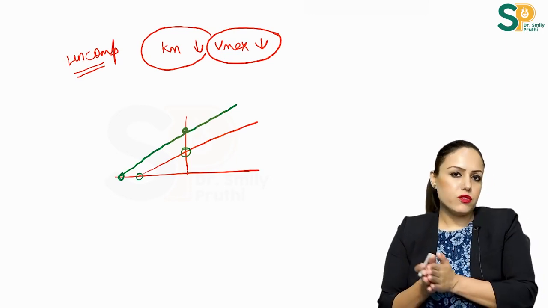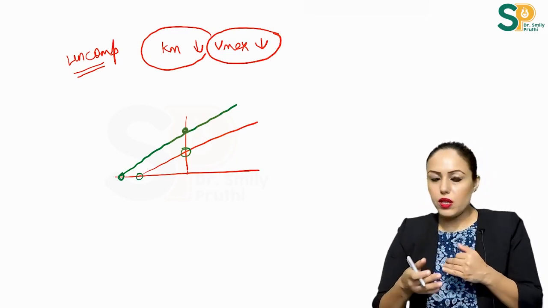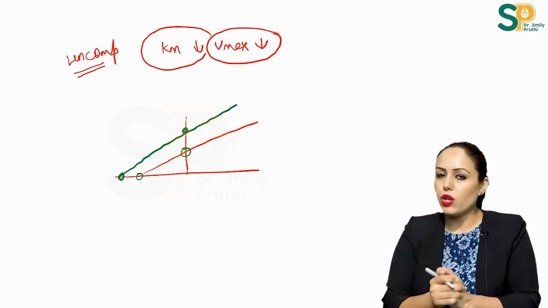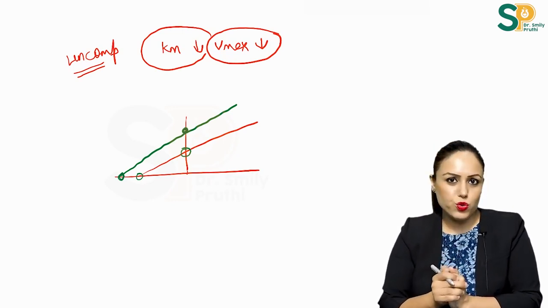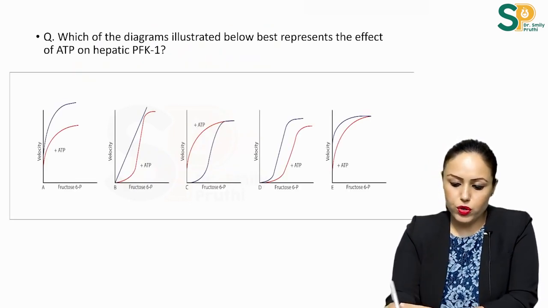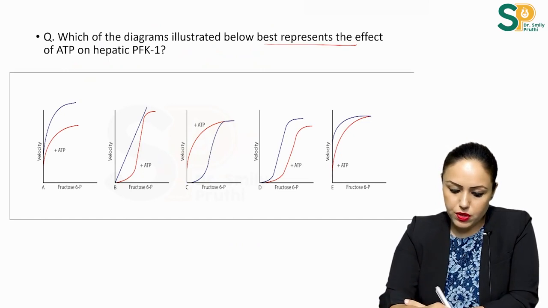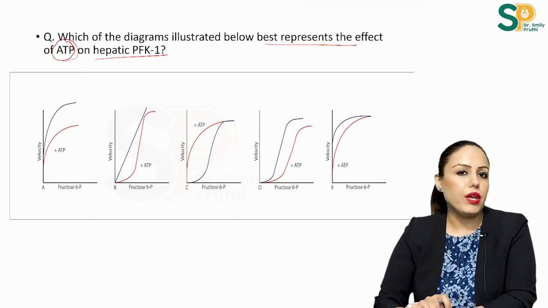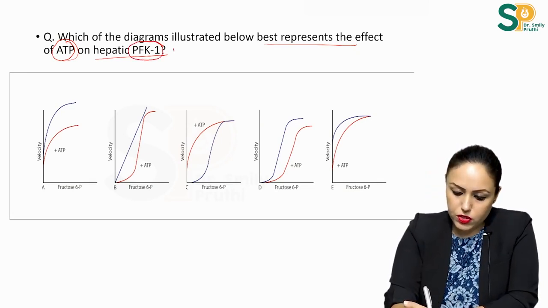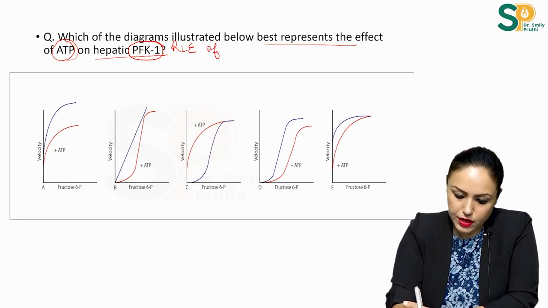So this is it with the theory portion of the topic. Now let me tell you some questions which will help you a lot, right? So let's do the questions. Read the question. Which of the diagrams illustrated below best represents the effect of ATP on hepatic PFK1, that is phosphofructokinase 1, which is the rate limiting enzyme of glycolysis.